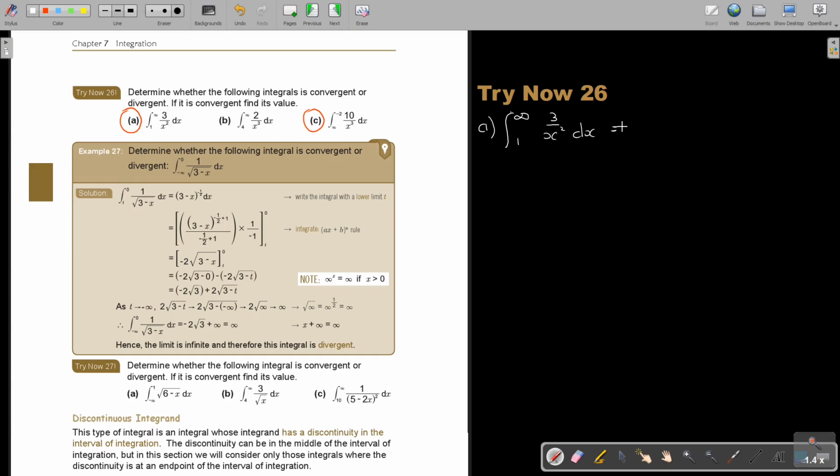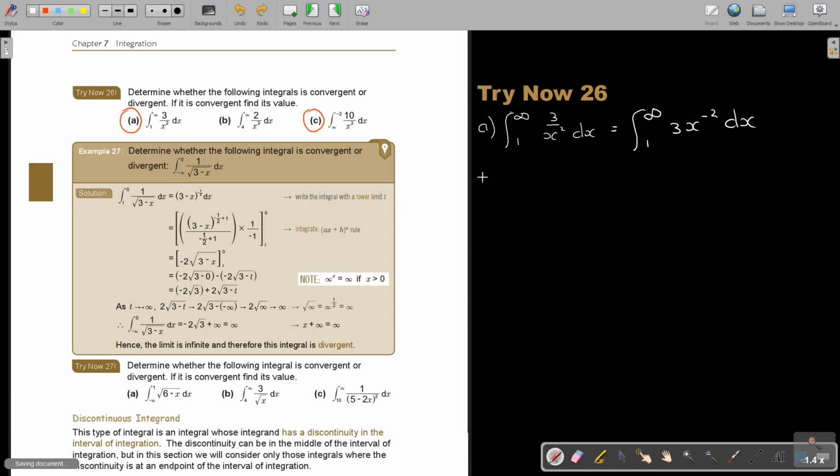Okay, I'm just going to get it ready for integration. Now, let's first start with it better.